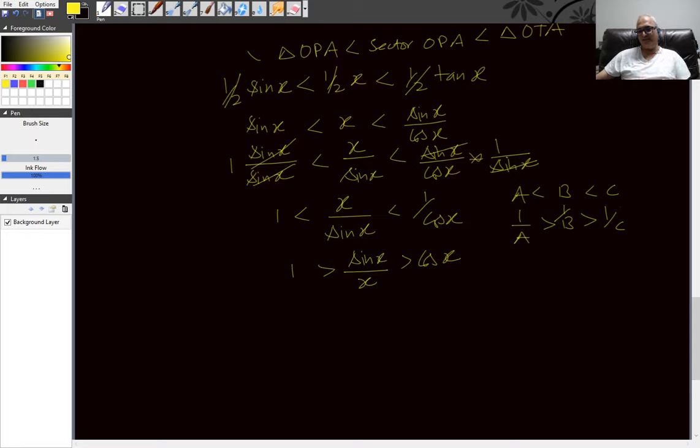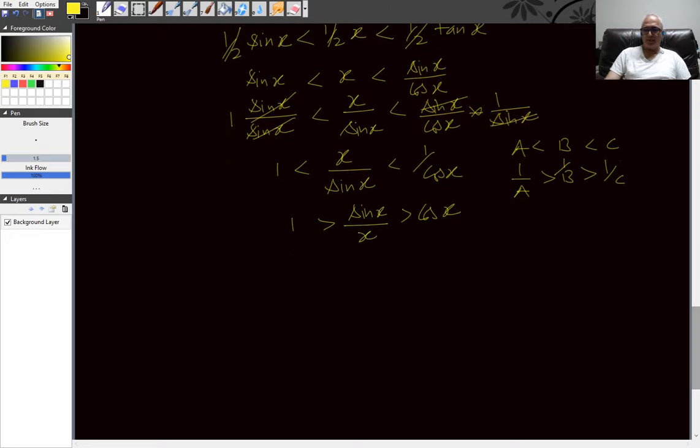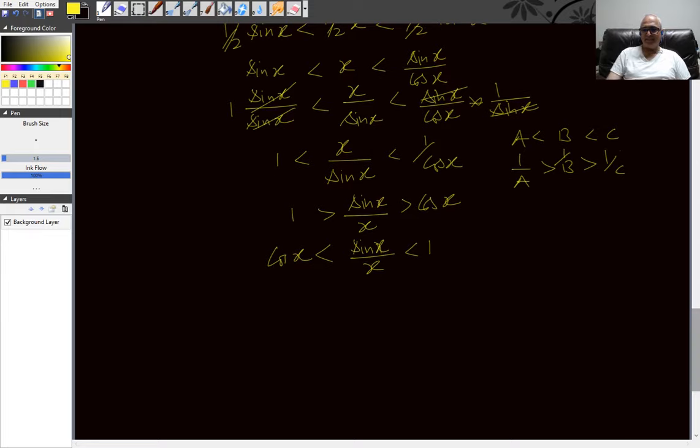So the sign changes when you do inversion, 1 by. So we put cos x here. So sin x by x is greater than cos x, which is less than 1.